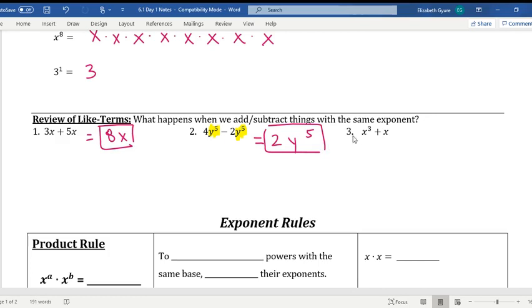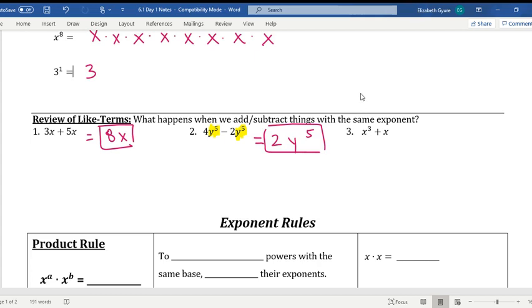Well, what about something like x to the third plus x? Are those like terms? If they don't have the same exponent, are they like terms? No, they have to have the same exponent. So I actually can't add these. I can't do anything with them.